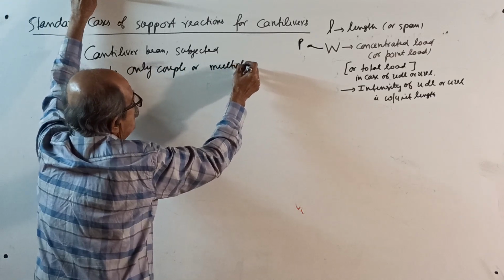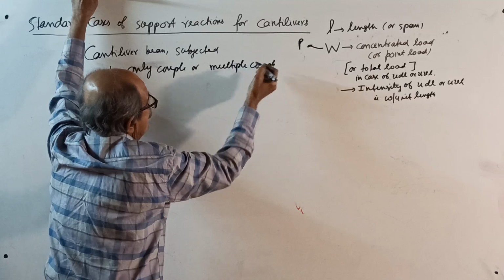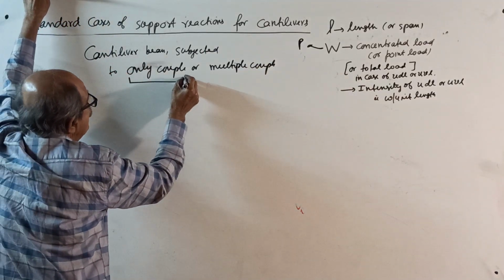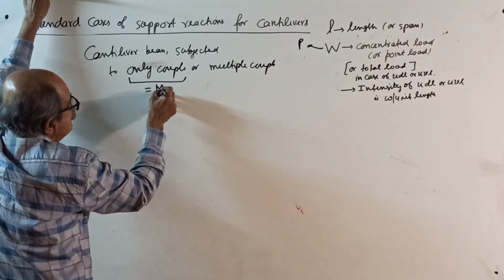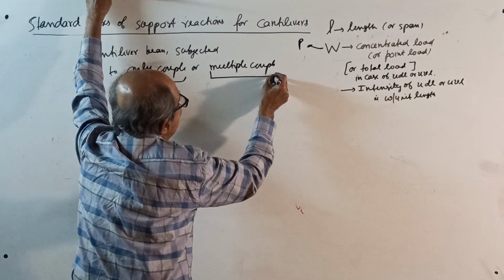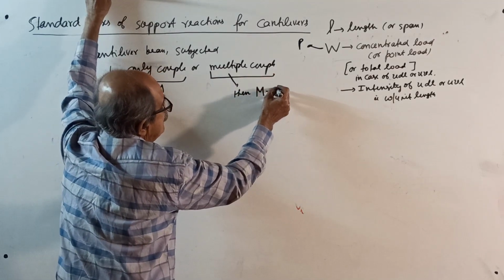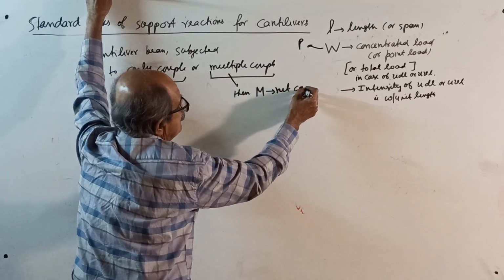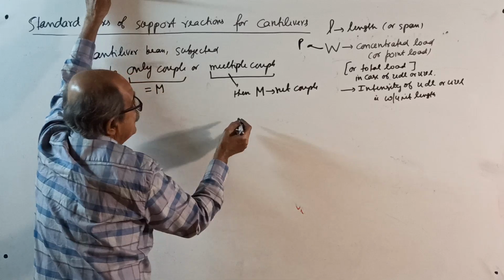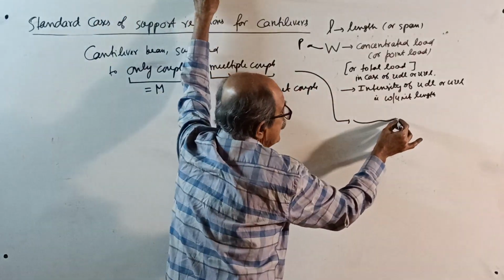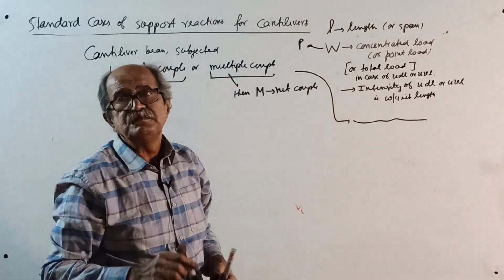Anything will do. If only one couple, it is M. If multiple couples are there, then M stands for net couple. This is already explained earlier, but important, make a note. No other loading other than couples.